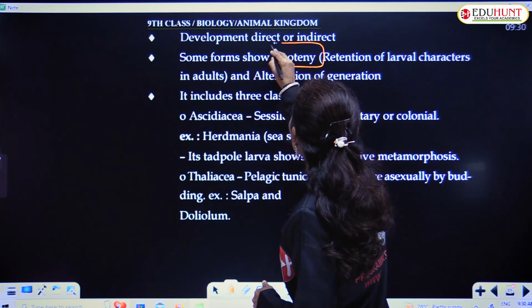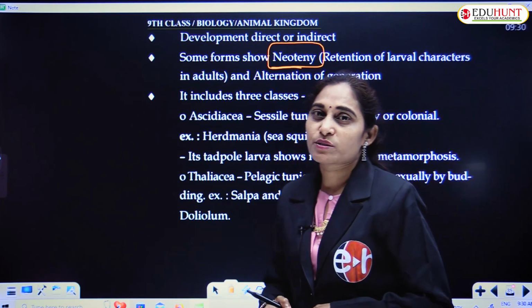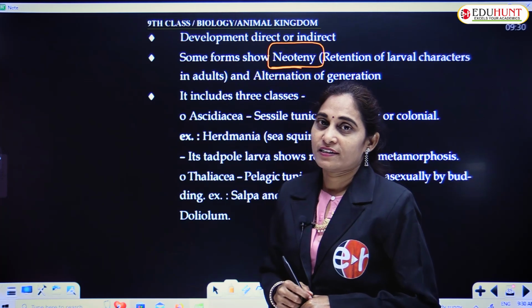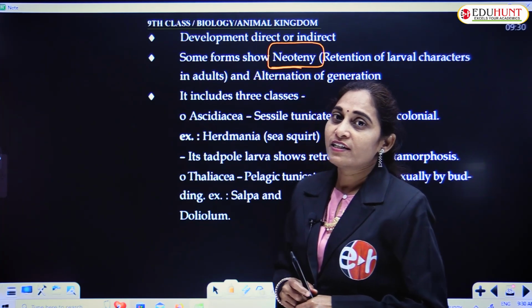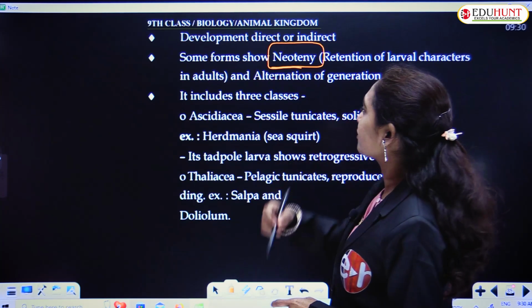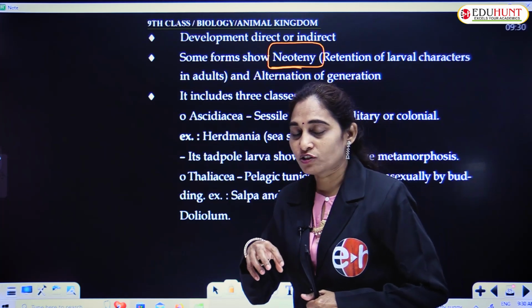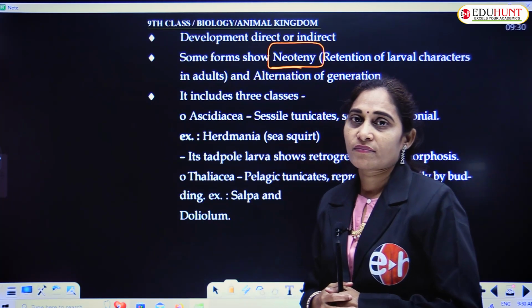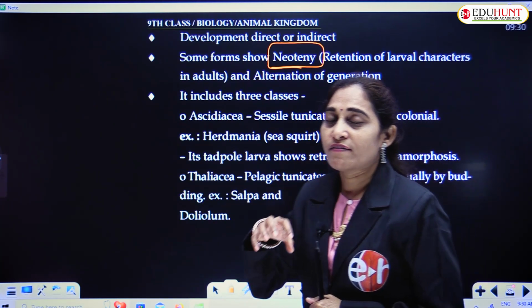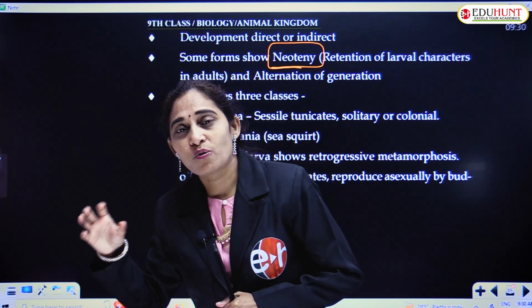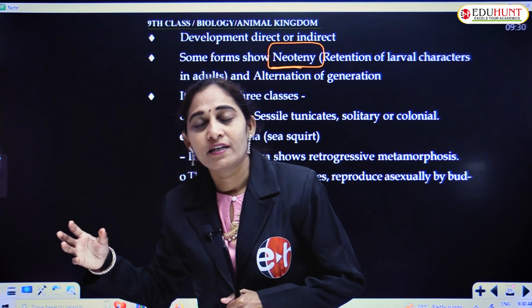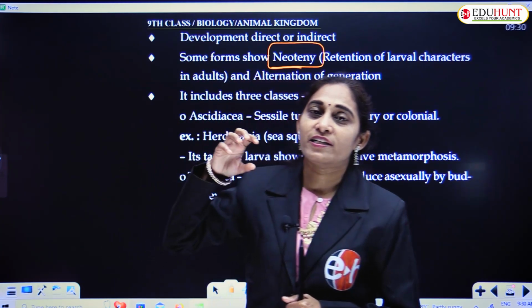It is a very important feature. What is meant by neoteny? Neoteny is nothing but the retention of larval features in adults. If larval features are repeated in adults, it is called neoteny.